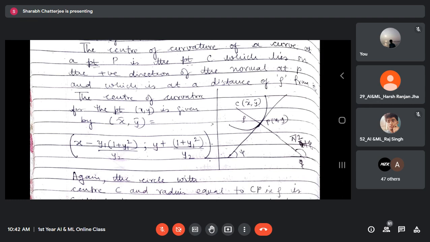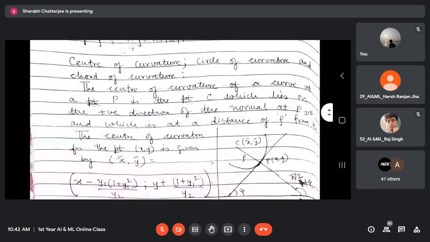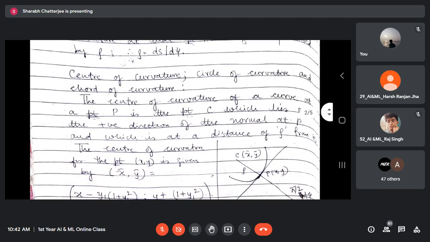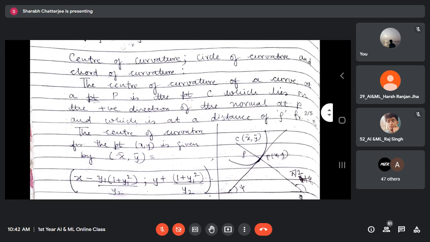So what we are going to do is find this circle of curvature. It will have a particular center and a particular radius of curvature. So these two things we are going to find out: radius of curvature and center of curvature.